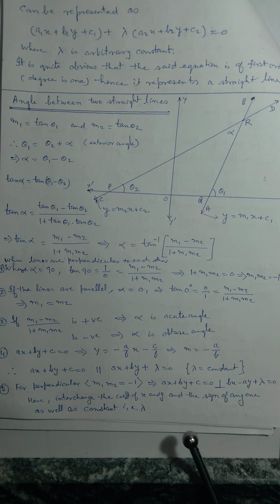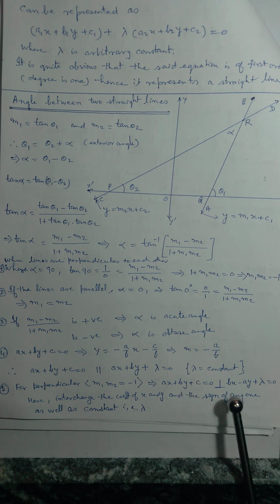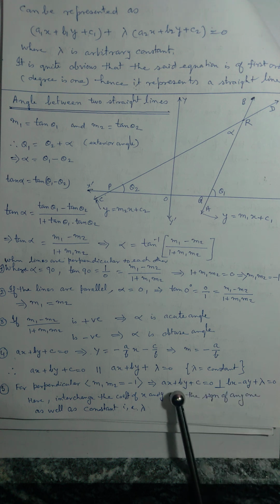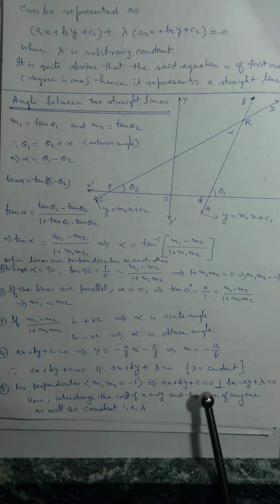Here you see, we have interchanged the coefficients of x and y in order to get the equation of the line perpendicular to the given line, and changed the sign of any one, either the coefficient of x or the coefficient of y.